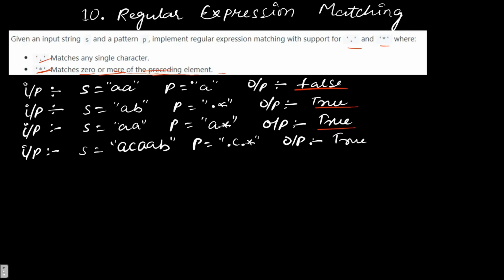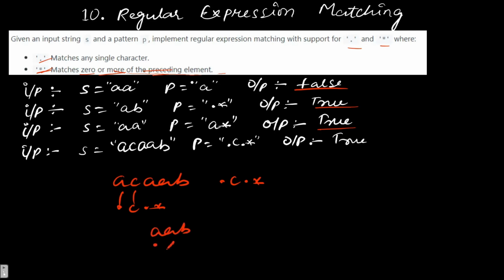Okay, the last test case that I have written down, let's check that. We have input aab and pattern dot c dot star. Dot can match with a and c can match with c. Now we have ab remaining and dot star.